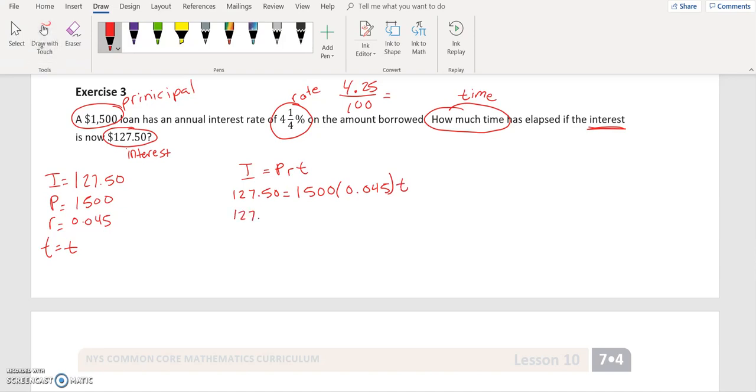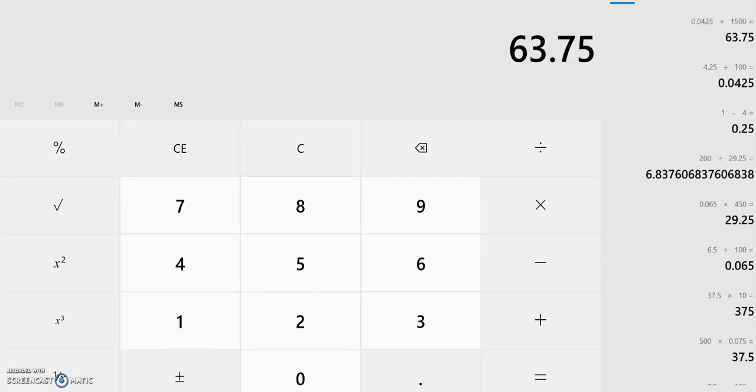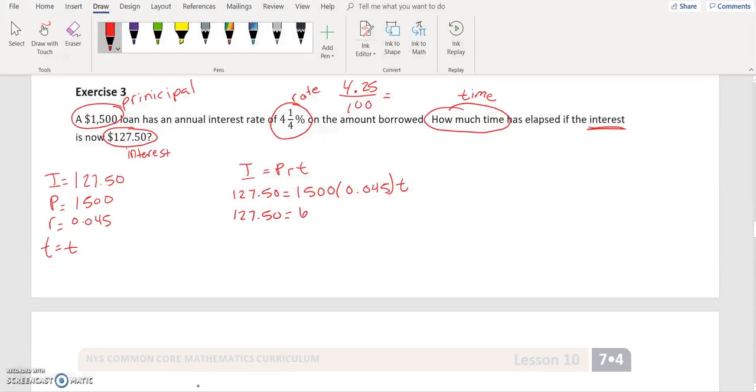So 127.50, we can't do anything with that yet, is equal to, I can do this multiplication, 1,500 times the number I already have in my calculator, equals 63.75, T. That's multiplication.